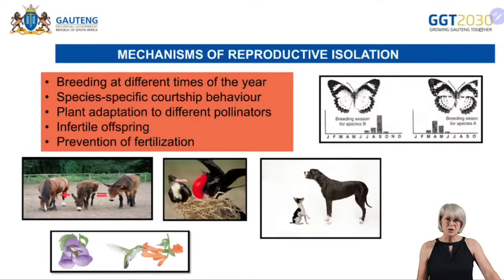All right, then the mechanisms of reproductive isolation. Here you just need to know, and this comes straight out of the exam guideline, the different mechanisms. So the first one is breeding at different times of the year, species-specific courtship behavior, plant adaptations to different pollinators, infertile offspring, and prevention of fertilization. Okay, and there are the examples.